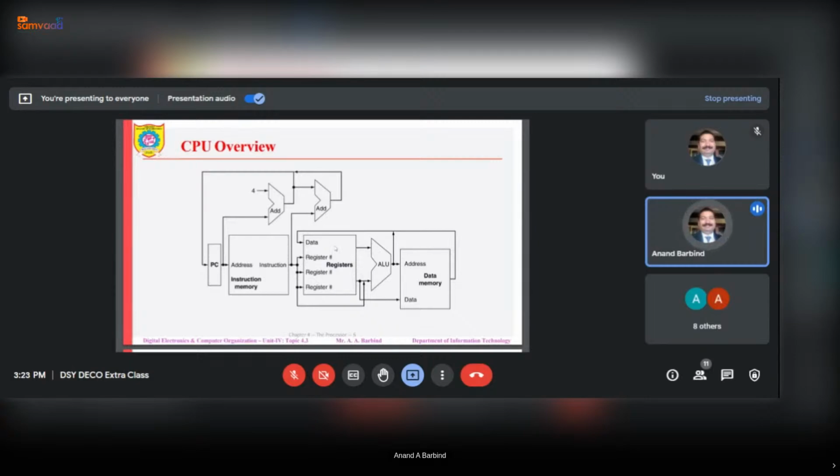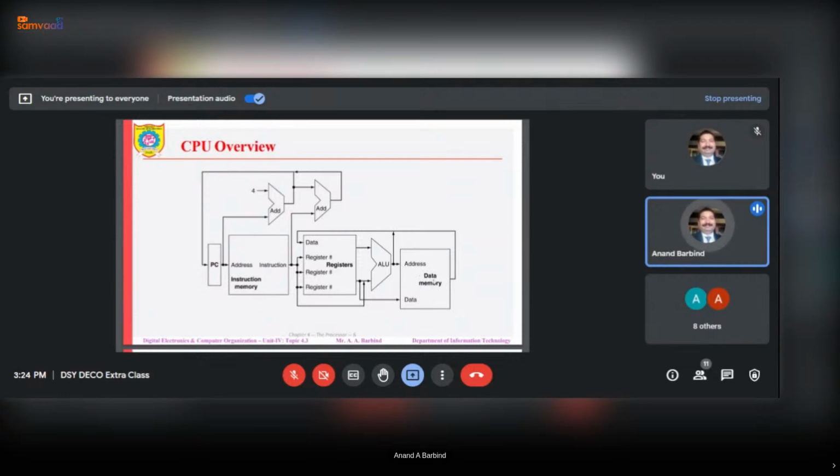Now depending on the instruction, it may not always be an arithmetic or logical instruction. If the instruction is related to the data memory, for example the store instruction or load instruction, then the ALU will be used to calculate the address of the data memory. One of the memory locations will be selected, and data will be read from the memory.